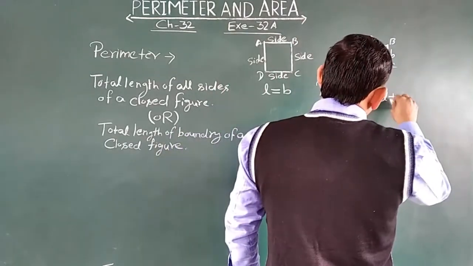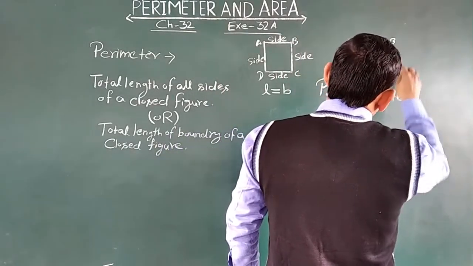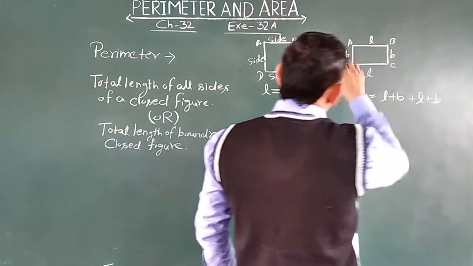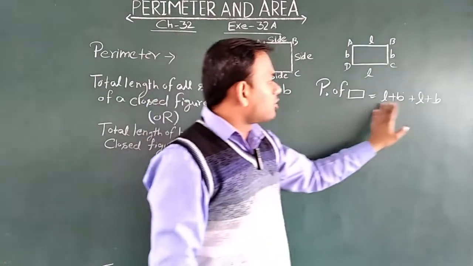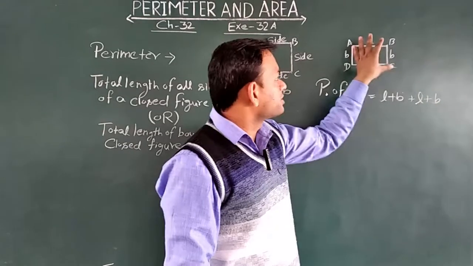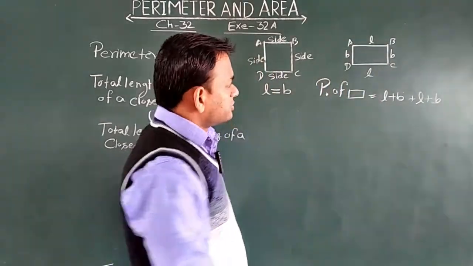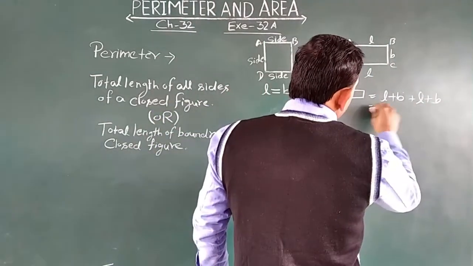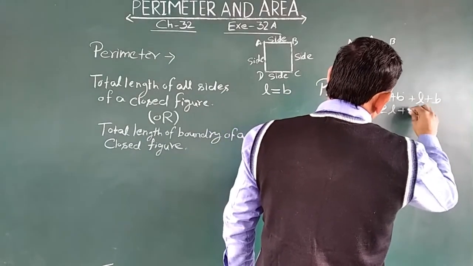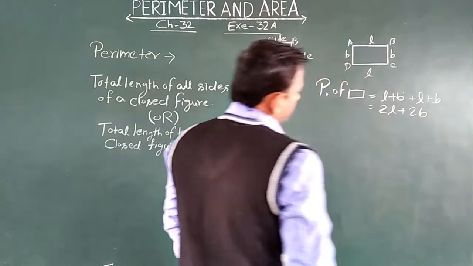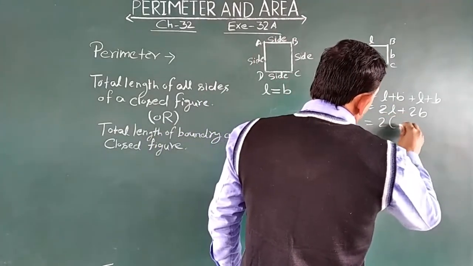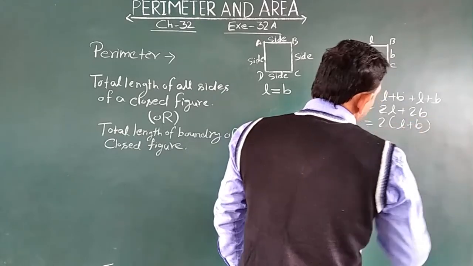So L plus B plus L plus B. You just add all the sides, meaning 2 lengths and 2 breadths of the rectangle. As you can see here, 2L and 2B are there. So L plus L is 2L, plus B plus B is 2B. We take 2 common, so in the bracket only L plus B will be left.